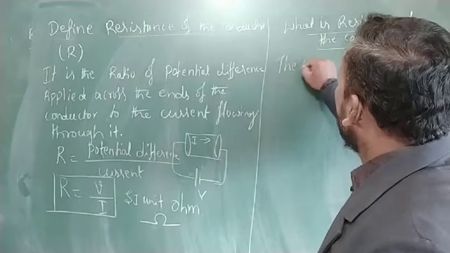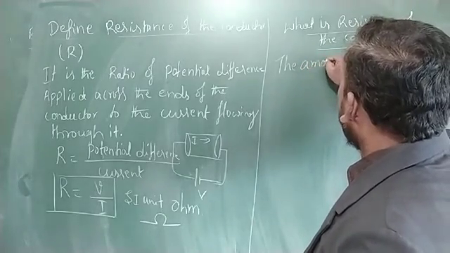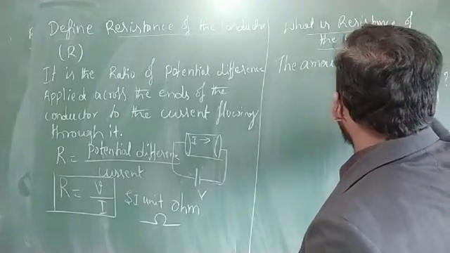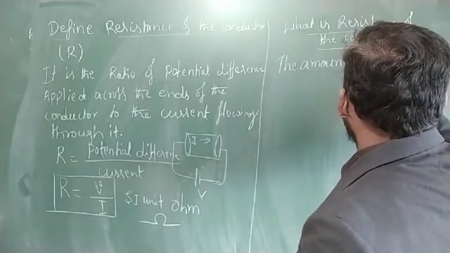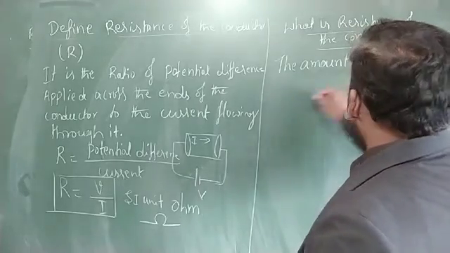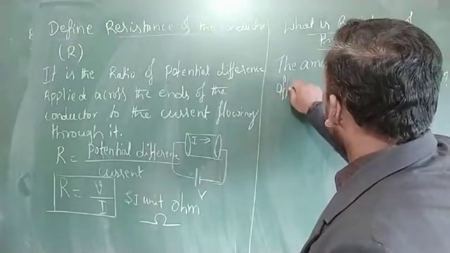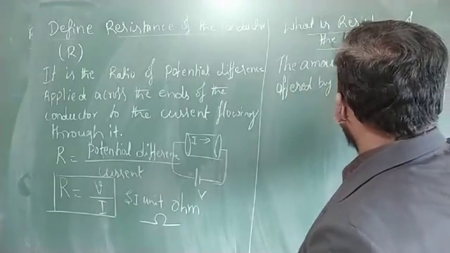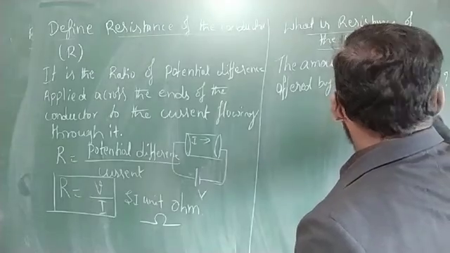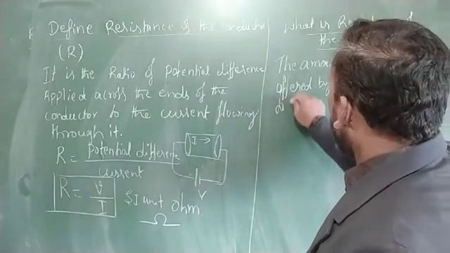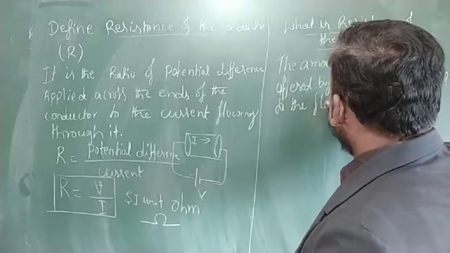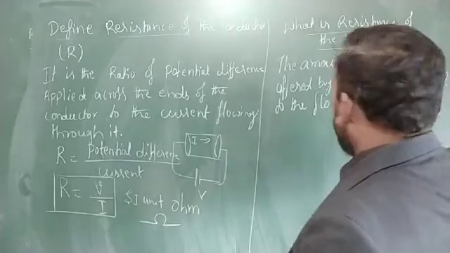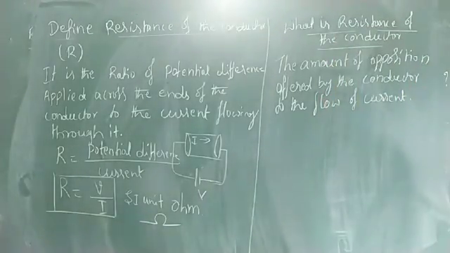The amount of resistance or opposition offered by the conductor to the flow of current is called resistance of the conductor.